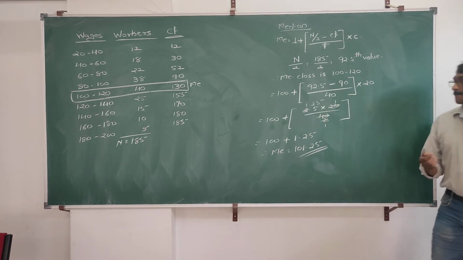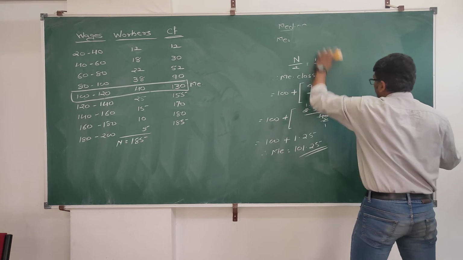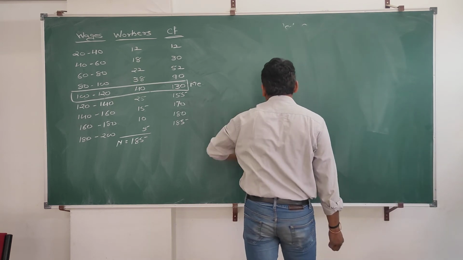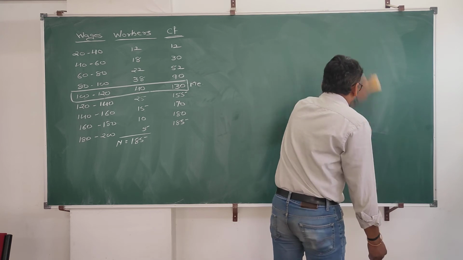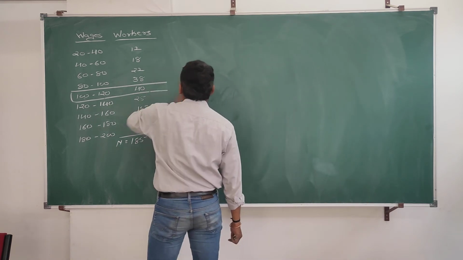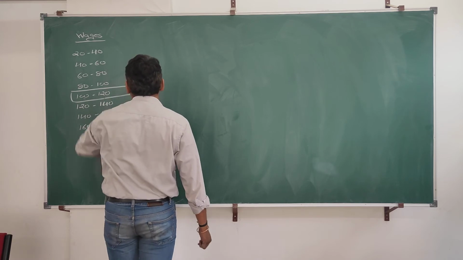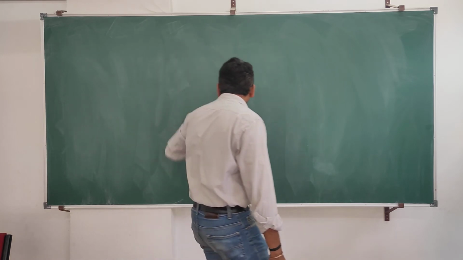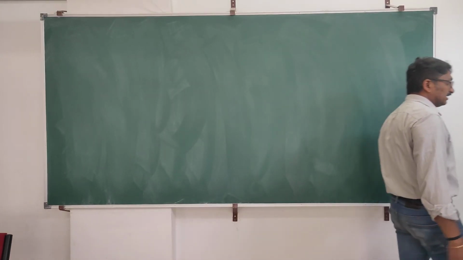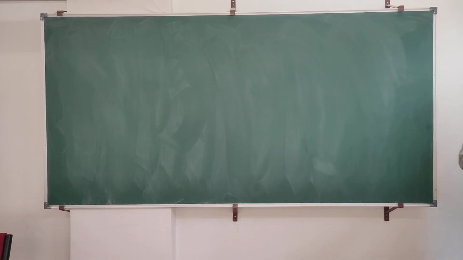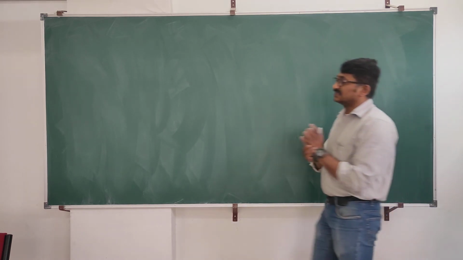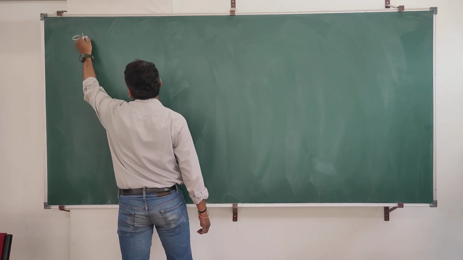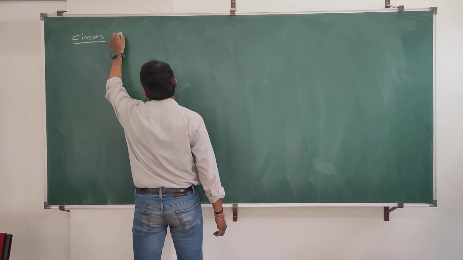I'll take one more problem. We will solve one more problem. Calculate the value of median. Same two columns, classes and frequencies. Write the first column as classes, second column as frequencies.